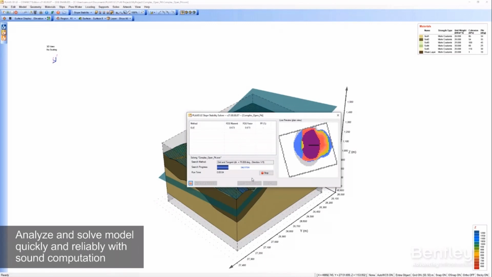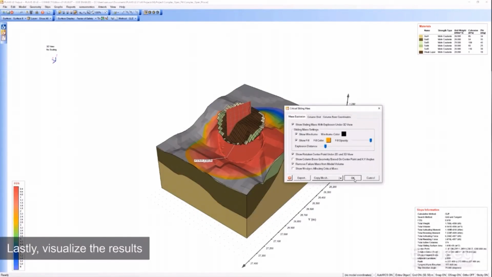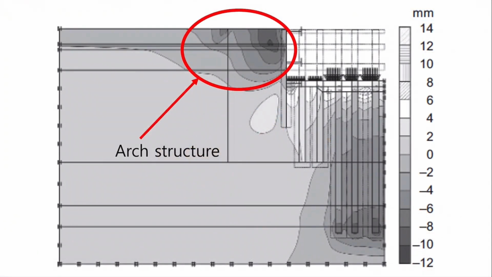Therefore, they could predict the movement of the structure. This is the result of the analysis of movement of the structure by construction.